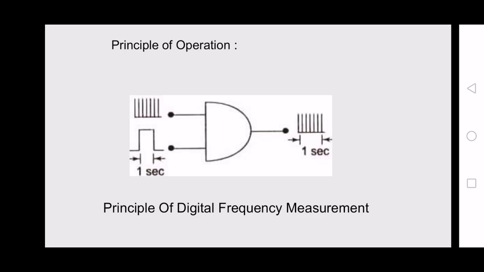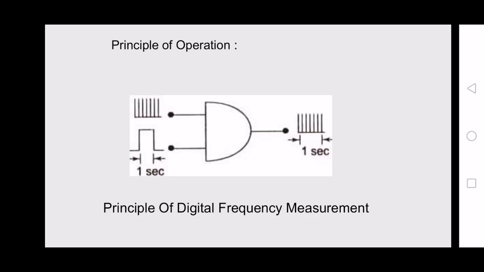When the pulses are applied to one input of the AND gate and the 1 second pulse is applied to the other input, the output will be high, and during this 1 second, how many pulses are counted will be a direct measurement of the unknown frequency. That is the simple, basic concept involved in the digital frequency meter.